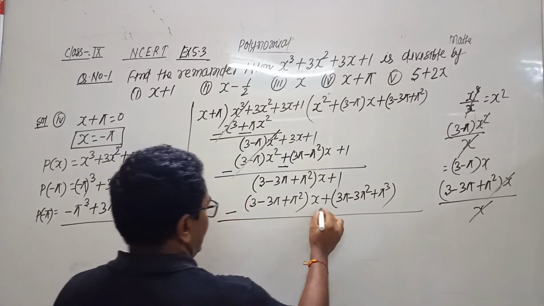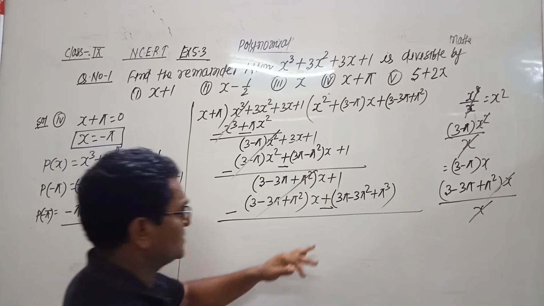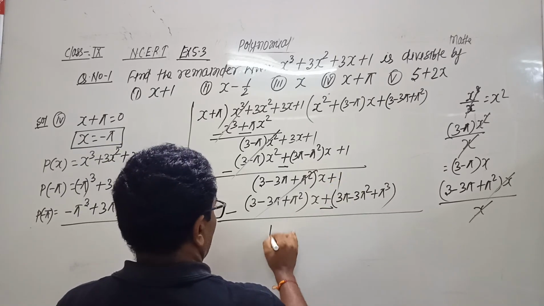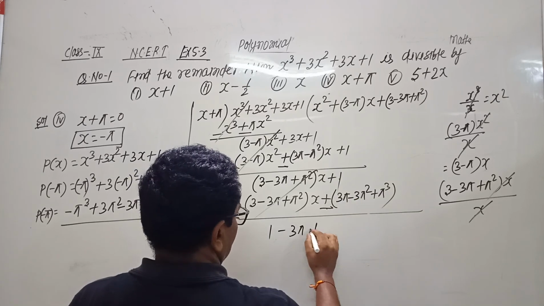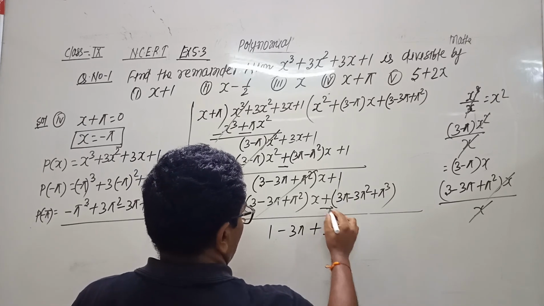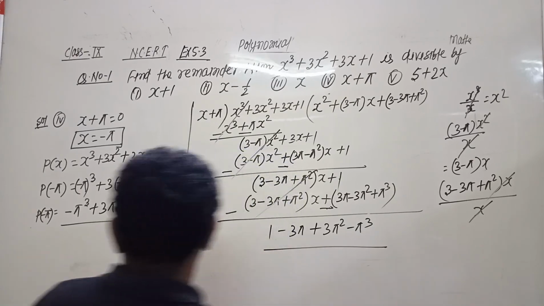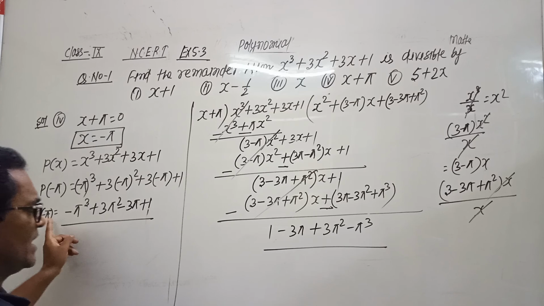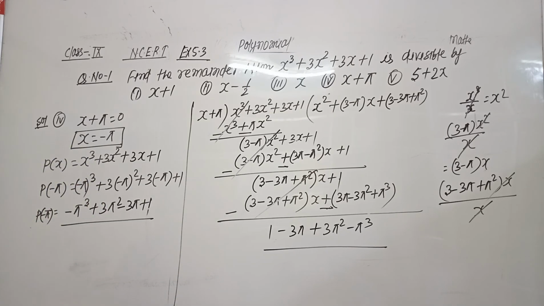Now change the sign, this gets cancelled, and the result comes to be 1 minus 3p plus 3p square minus p cube. So this is the remainder: 1 minus 3p plus 3p square minus p cube. So the answer is the same by both the methods.